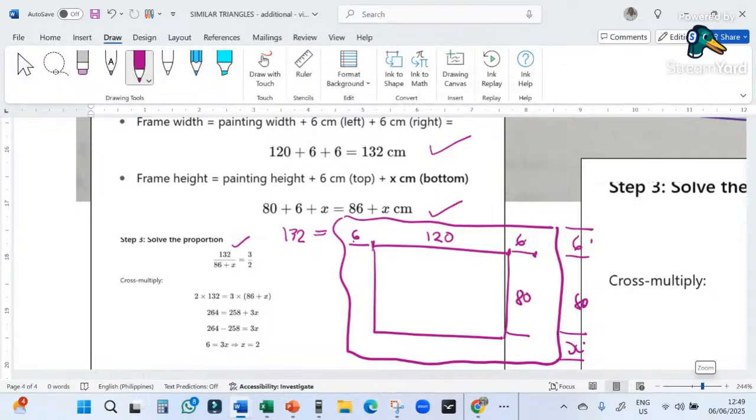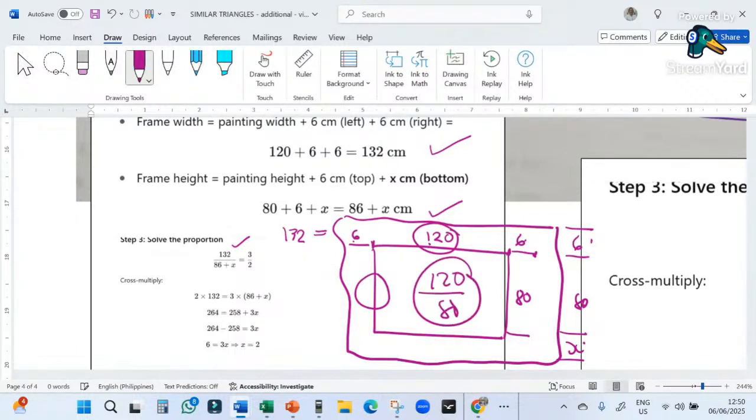And that would be 3 over 2. Why 3 over 2? You can use the 120 over 80 ratio. Okay, 120 is to 80 ratio. And 120 is for the small one, 120 over 80.